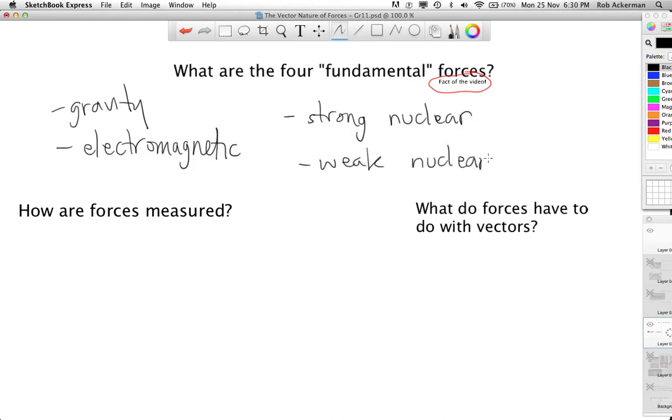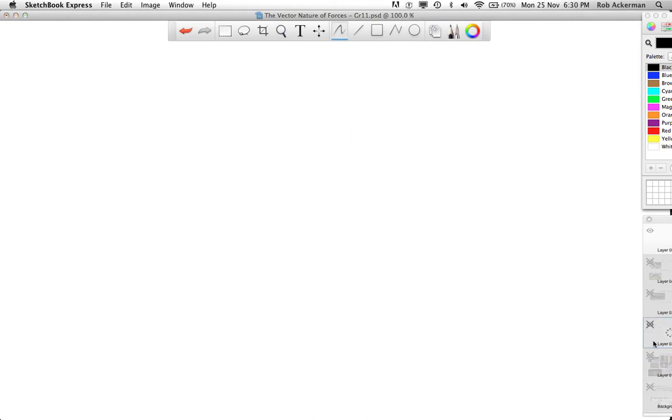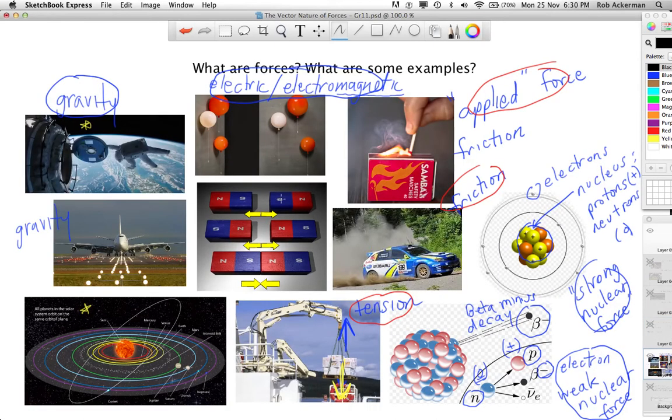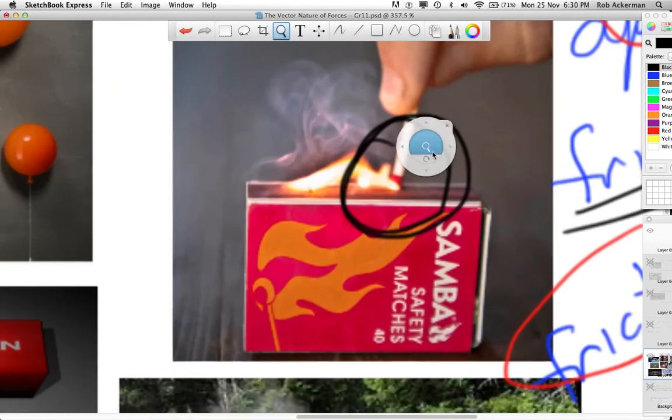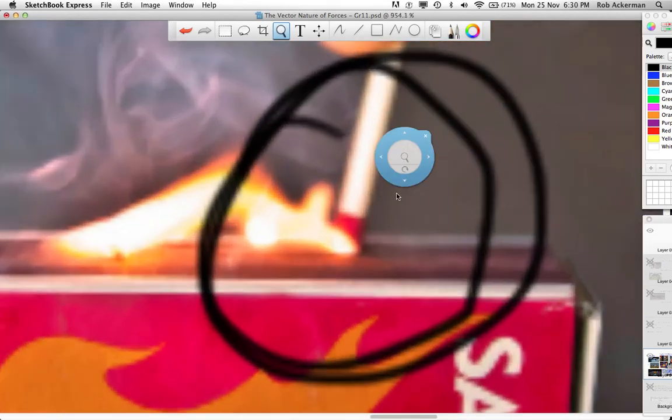Now let me try to explain by going back here for a moment. What did we look at here? We looked at, for example, friction. Why does friction occur when 2 objects slide past one another? If you think about it, it's because there's some sort of interaction between the surfaces of the 2 objects. If you could somehow zoom in really close, which I'm going to try to do right now, maybe imagine zooming in to the point that you could actually see the atoms in the surface of the match and the surface of the matchbook right here.